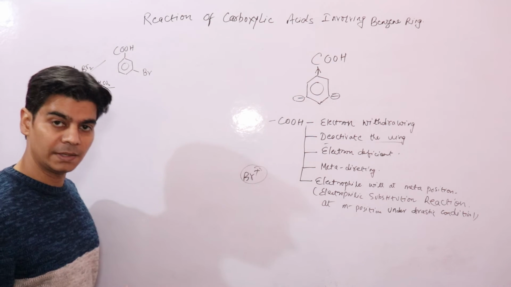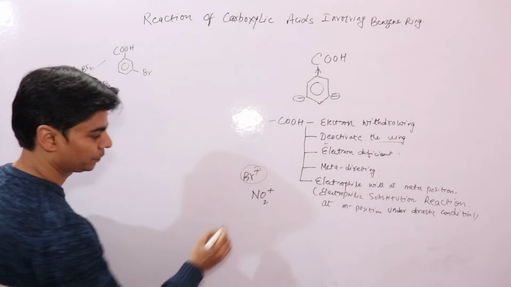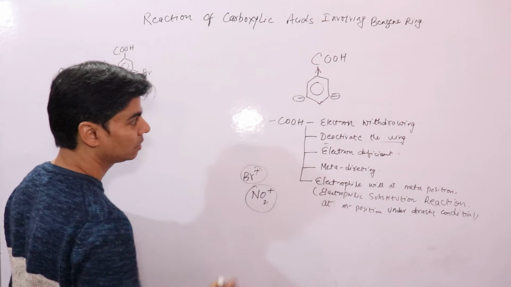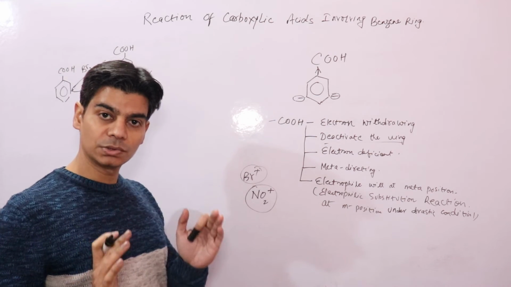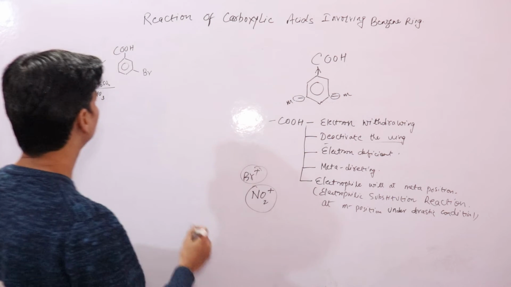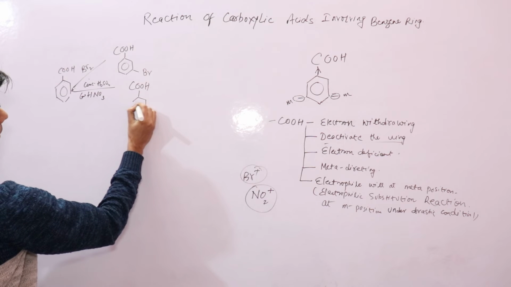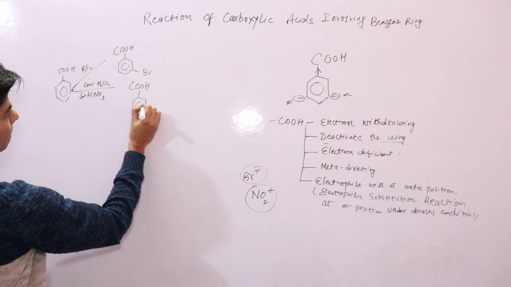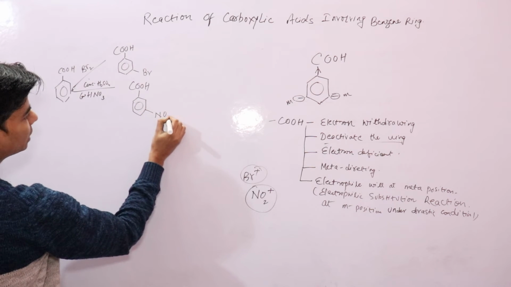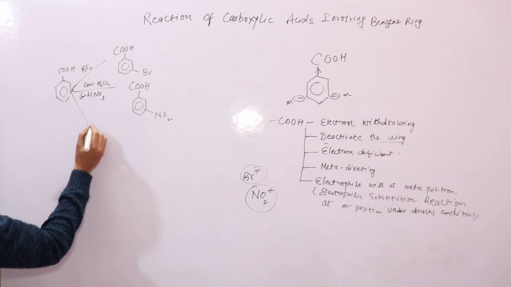In this case, the electrophile would be the nitronium ion. So this nitronium will attack the benzene ring at positions of high electron density, which is the meta position in this case, right? So the product that will be obtained is meta-nitrobenzoic acid, right?